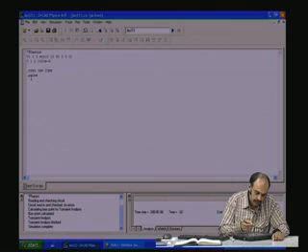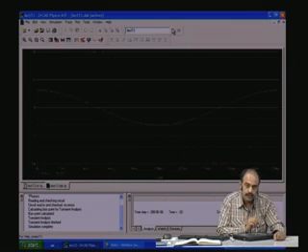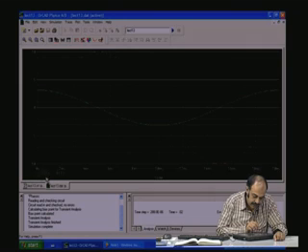So, let us simulate this circuit in SPICE. On simulating you see the IC and the voltage across this one.